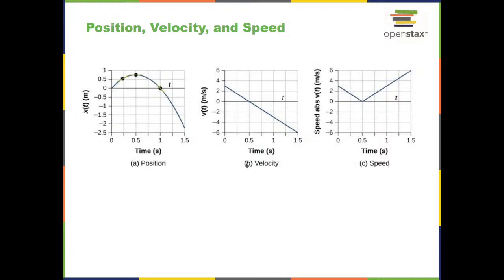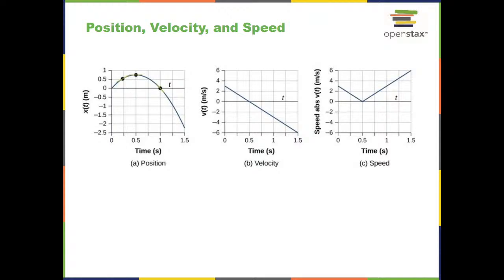So it's the absolute value of the velocity. As you can see, if we take this curve with our negative velocities here and take the absolute value, then we'll get the curve on the right as indicated with the speed here. So the speed is always positive. The velocity can be negative and positive because it will have a different sign.